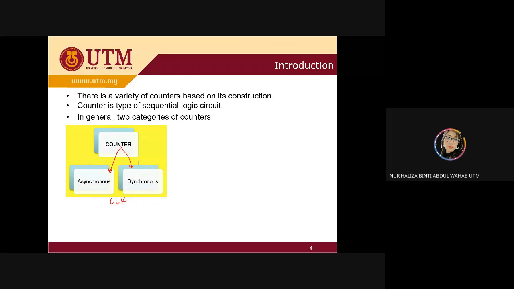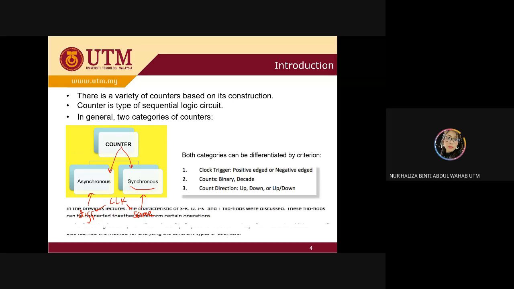When you have the same source of your clock, then you're going to have the synchronized. If you have different clock sources, it is going to be asynchronous. This is the first thing that you can see to differentiate between asynchronous and synchronized.